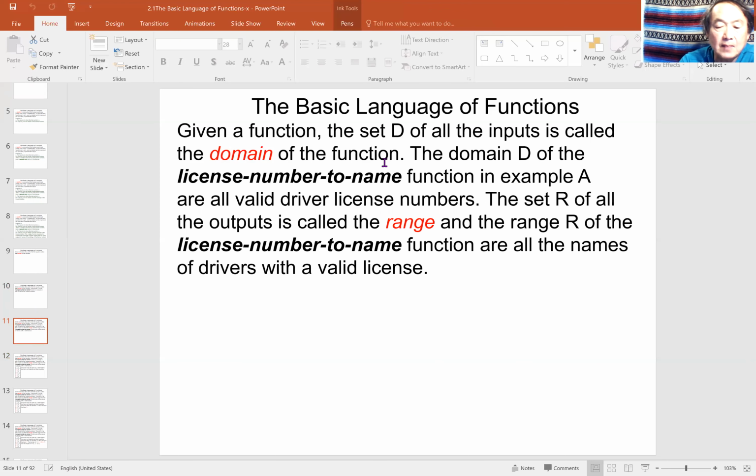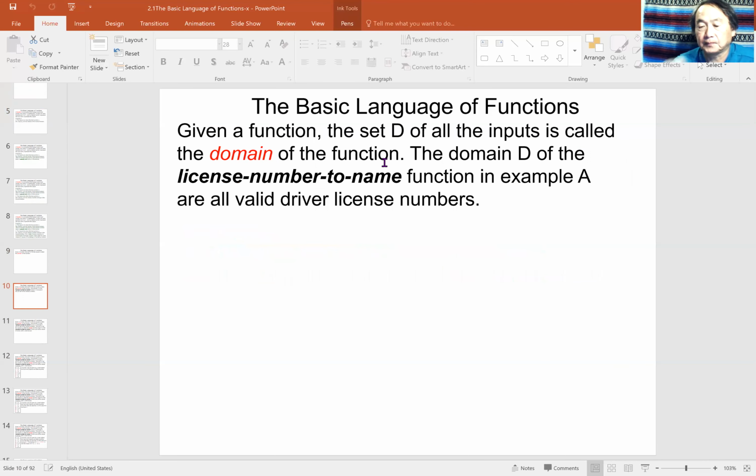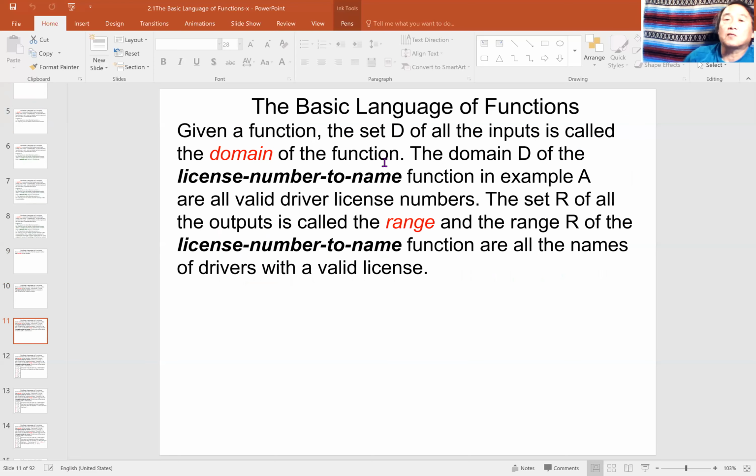In the example of the driver's license number to the license holder, the input it takes is a valid driver's license. Therefore, the domain of this function is the set of all valid license numbers, and that totality is called the domain. The outputs are the drivers with a valid driver's license, and that set of outputs we call the range.